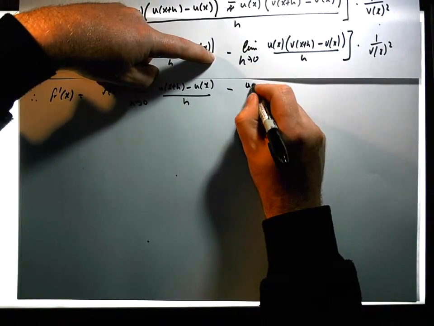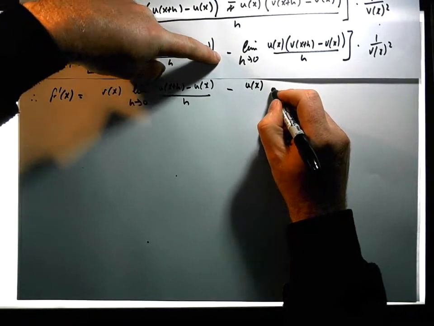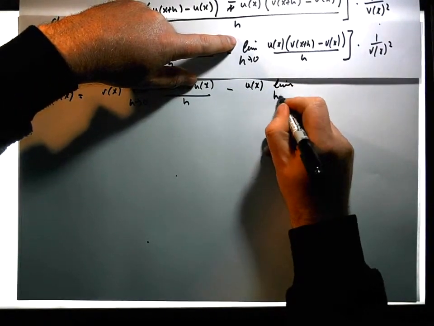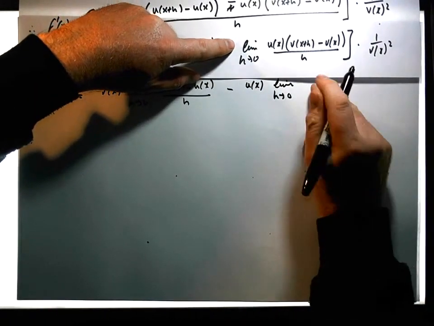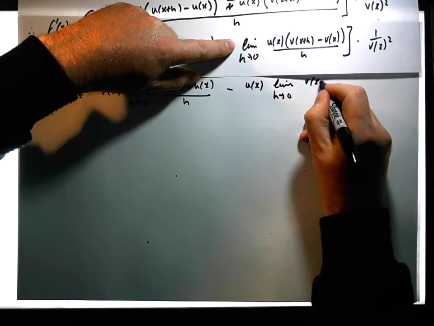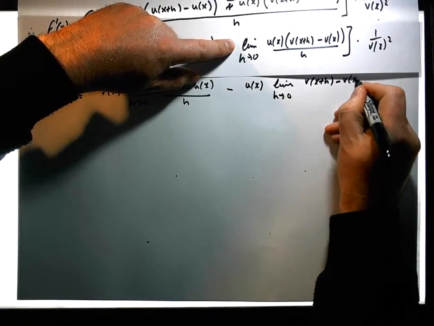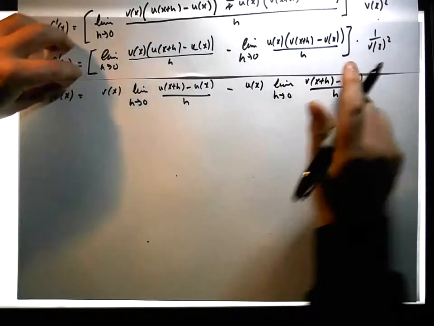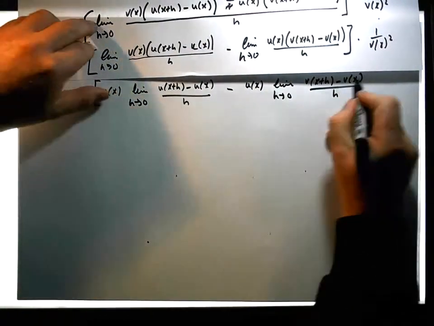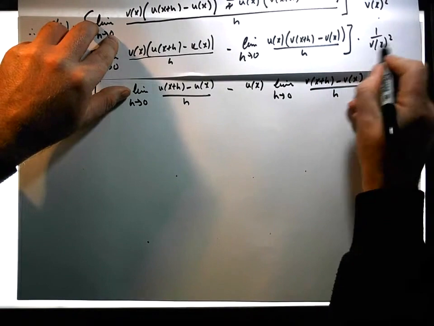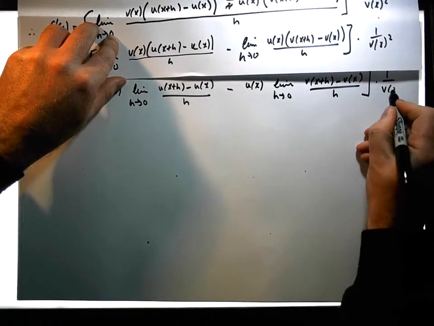So minus u of x times the limit as h tends to 0 of v of x plus h minus v of x all over h. And this all needs to be multiplied by this particular term here, 1 over v of x squared.